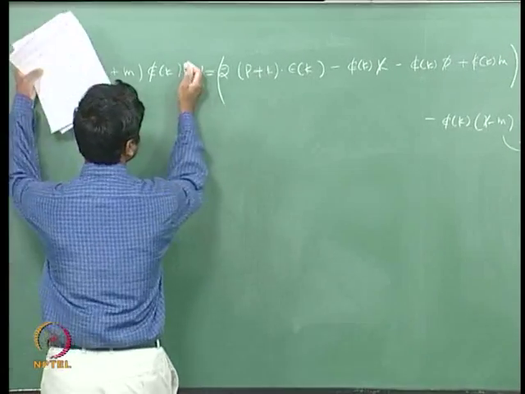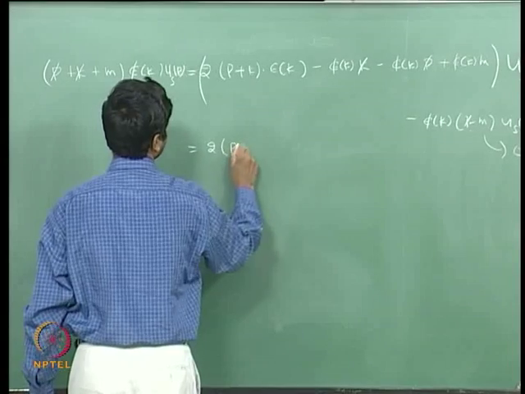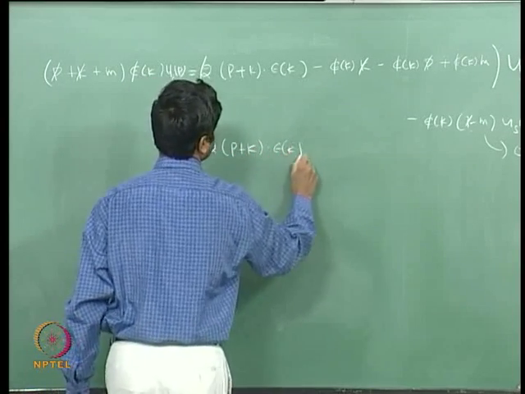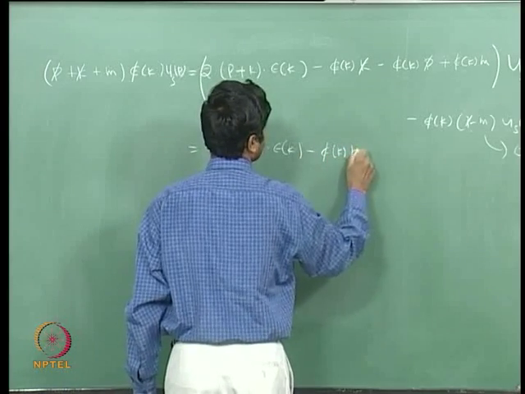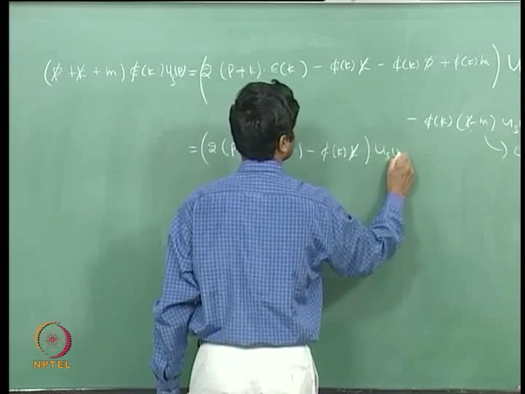So, when it acts on u_s(p), I get this simpler expression, twice (p plus k) dot epsilon of k minus epsilon-slash k-slash acting on u_s(p).